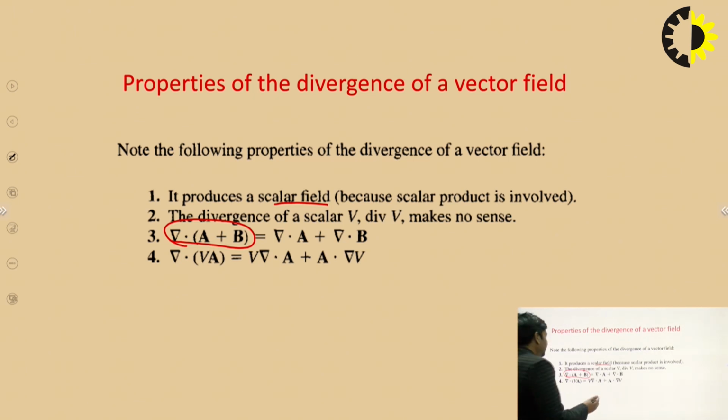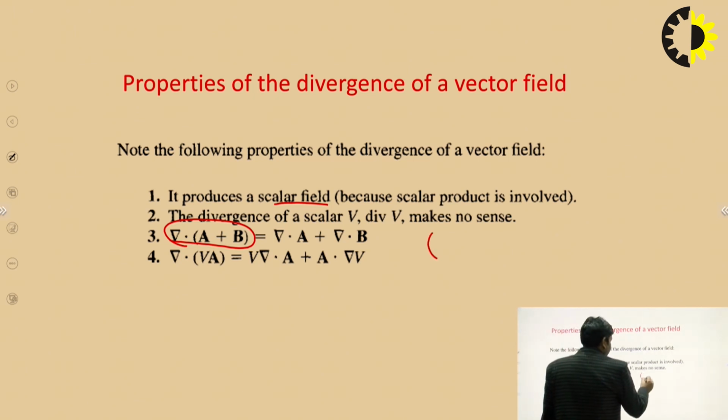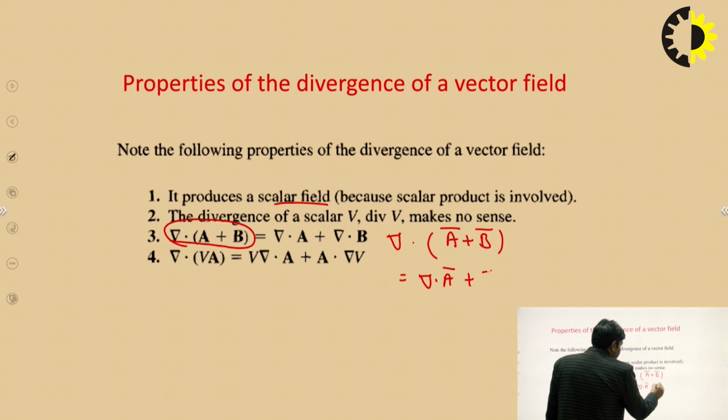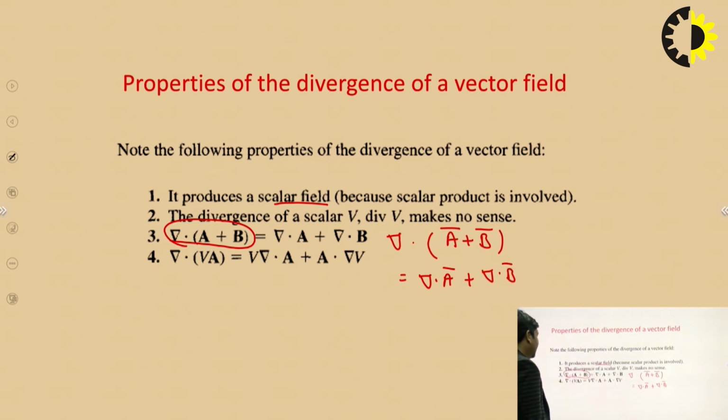If two vectors are summed, that means A is any vector plus B is any vector. If we find the divergence of that sum, we easily calculate it by del dot A plus del dot B. So this identity is involved in the divergence of vectors.